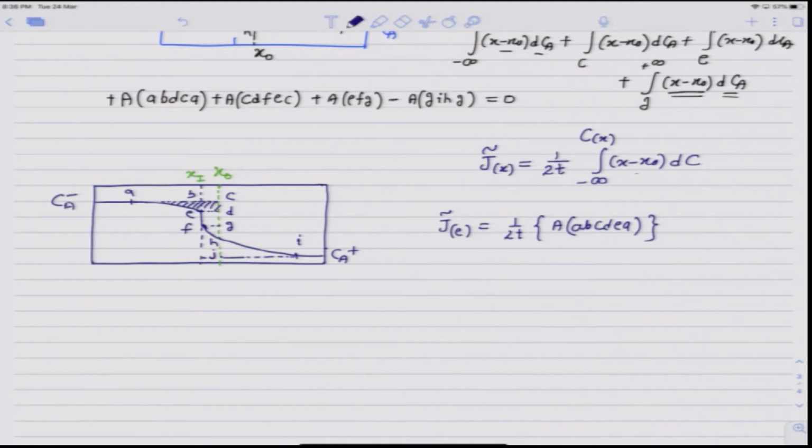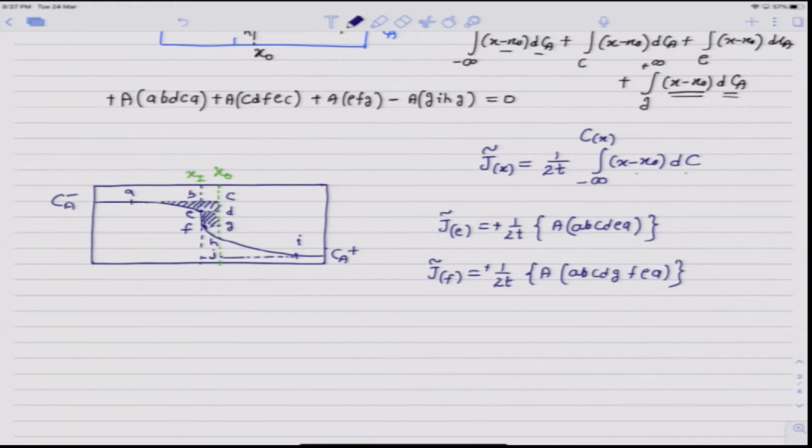X minus x naught is negative and dC is negative. So, the flux would be positive. After the discontinuity, that is on the beta side of the interface, what would be the interdiffusion flux? Now, it would be J tilde at F. It will add another area here, E, D, G, F, and so J tilde at F would be 1 over 2t times area A, B, C, D, G, F, E, and again it will be a positive value.